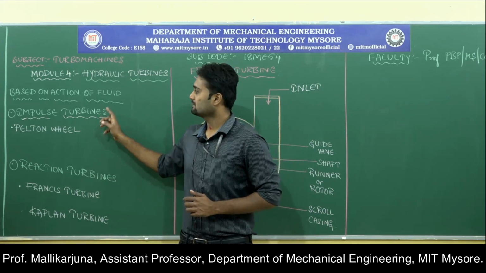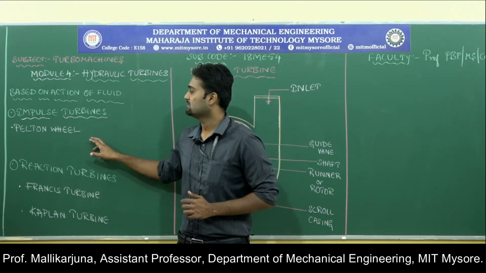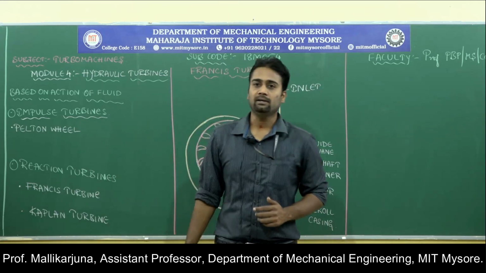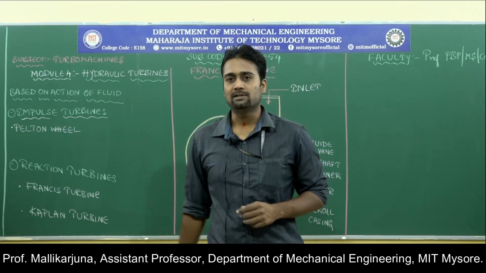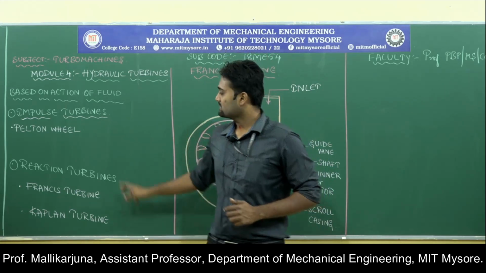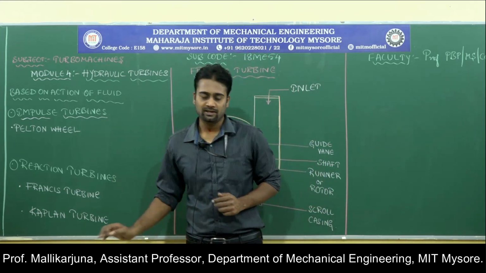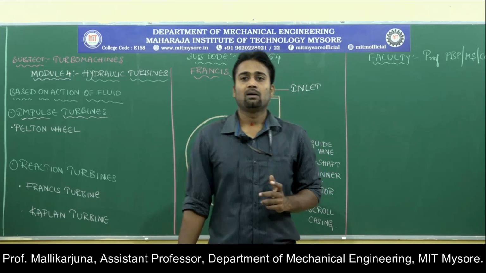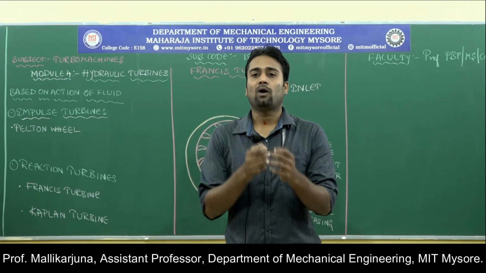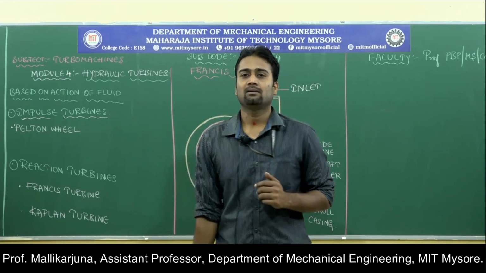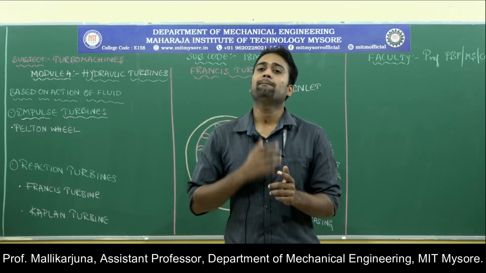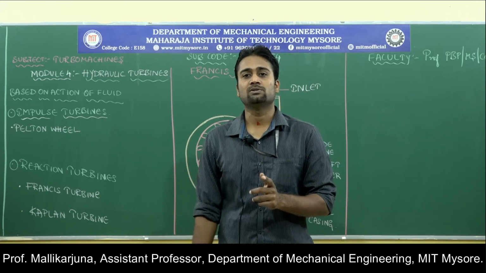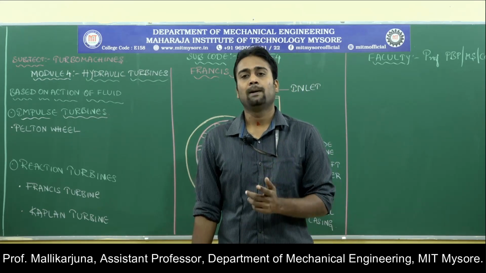In water turbines, the Pelton wheel is the example of an impulse turbine. The second category is reaction turbines. Here, the reaction of the water leaving the blade is partly responsible, along with the impulse action of the fluid, for the rotation of the blades.